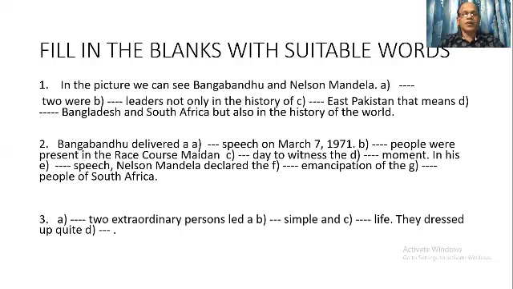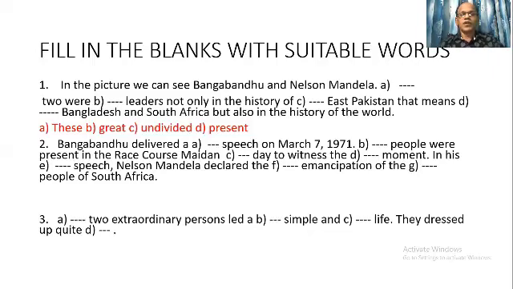Here I have got the answers. Please compare my answers with yours. You see, first one, these two were great leaders. Look at the use of the word these. This is a demonstrative. A great leader, great is an adjective.